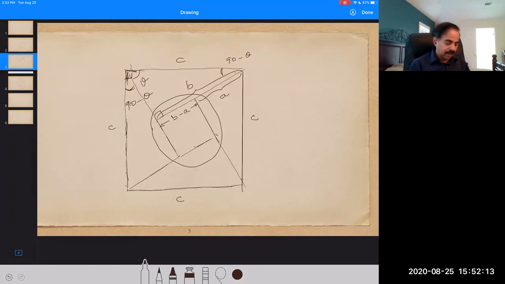And then, so this is A, and that is B, right? So therefore, this must be B minus A, right?